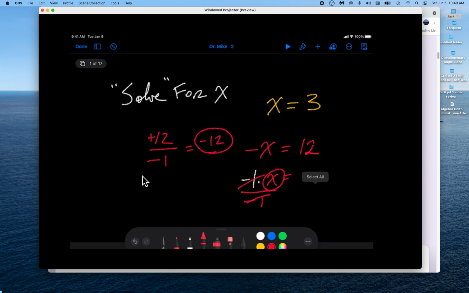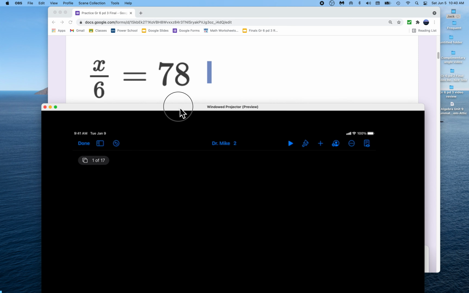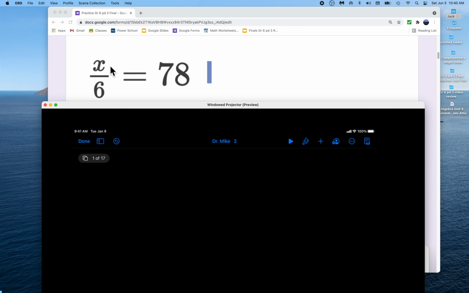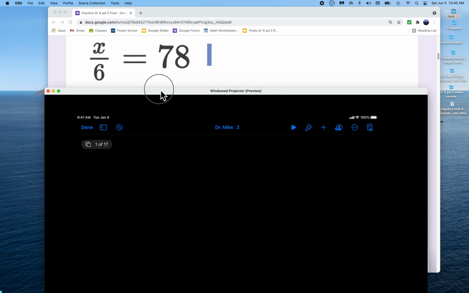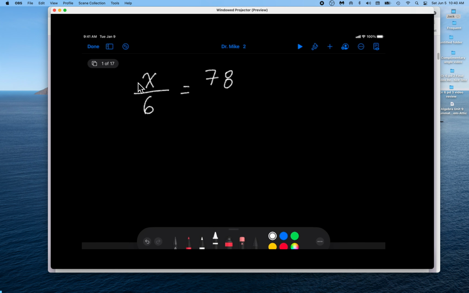As we move through these problems and you see the term solve for x, immediately you have to get x by itself. So now we know what it means to solve for x. Let's talk about how to do it. The first thing you notice is x is not by itself.